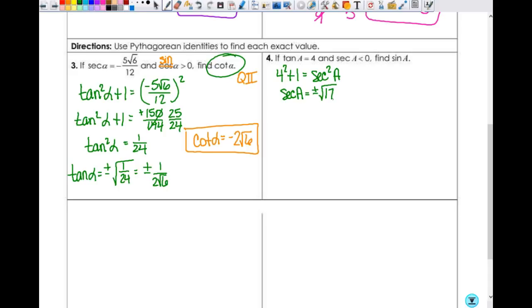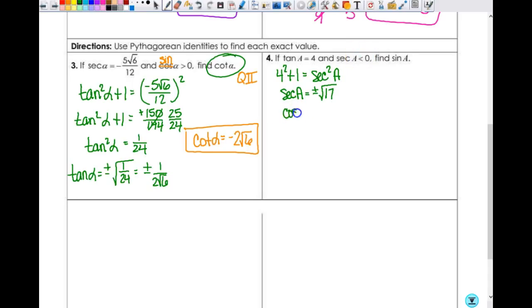All right, so then I got to figure out if it is plus or minus, and what I really want, since I want to find sine, I'm going to make this into cosine, because nobody asked me for this, but I need it. So tangent is positive, and cosine is negative, so this right here tells me it's supposed to be negative.